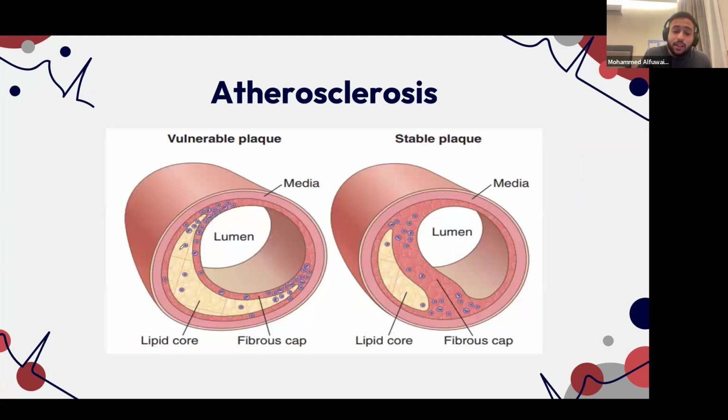As I mentioned, this cap, if it's very thin, can rupture. And this is what we call a vulnerable plaque. And it can cause thrombosis over here or distal embolization, okay? Why is that so? Is because the lipid core, once it's exposed to the blood vessels, you have activation of platelets, aggregation of the platelets, and then you'd have the coagulation cascade that occurs.